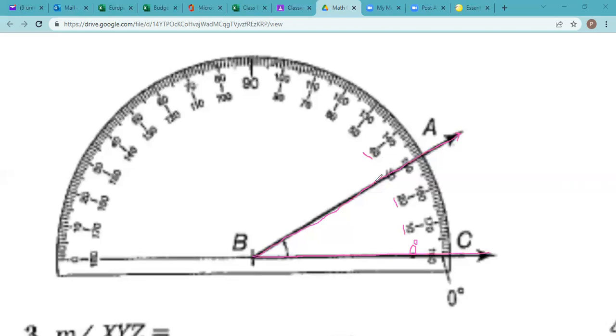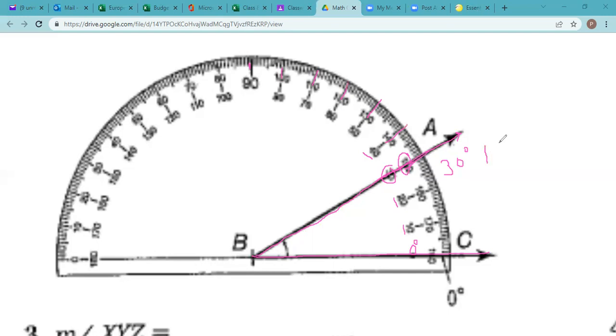So right on the line for 30 degrees, right here is where this falls. Now, you might say, well, how do I know it's 30 degrees? What if it's the outside number? Well, as we go here, 90 right here, 100, 110, 120, 130, 140, 150. So your choice is either 30 degrees or 150 degrees.